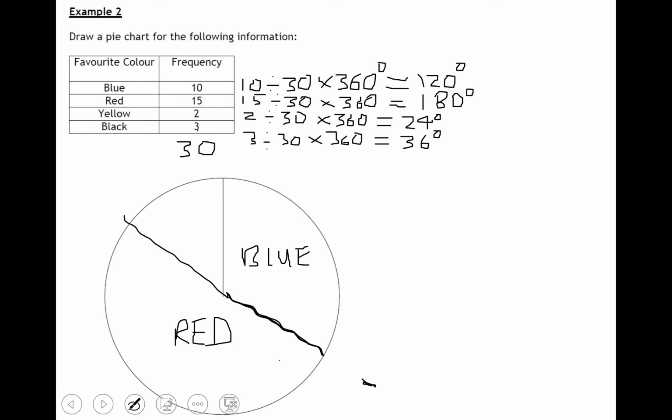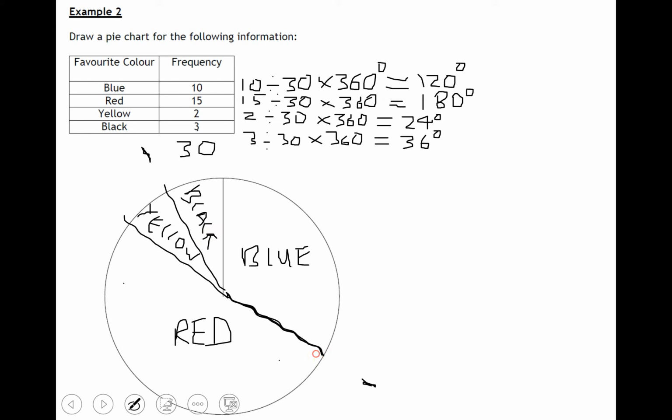The line going along the line we just drew, we measure 24 degrees. And then we join the centre up to that line. That one is yellow. And the final segment should be black.